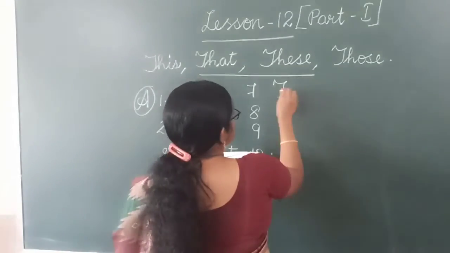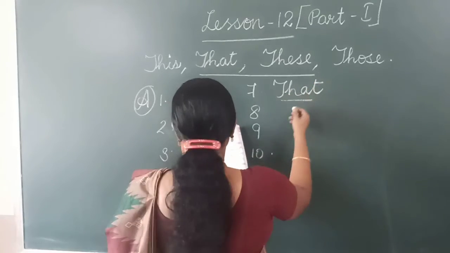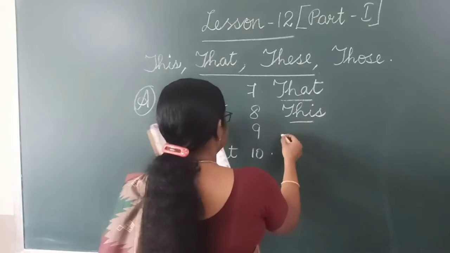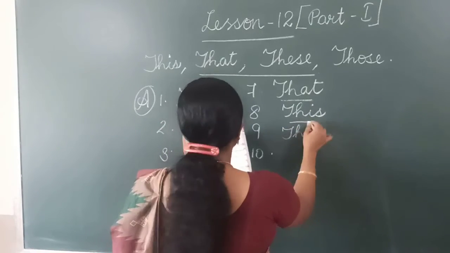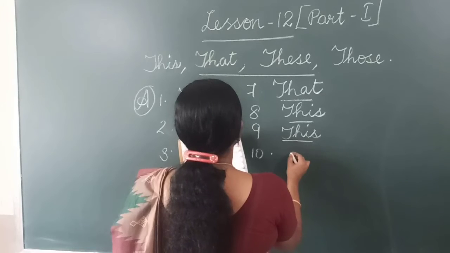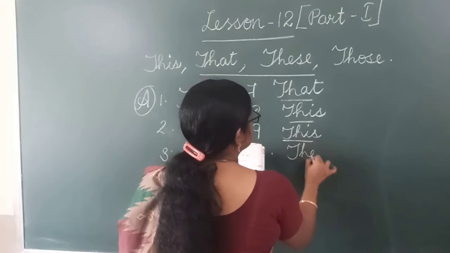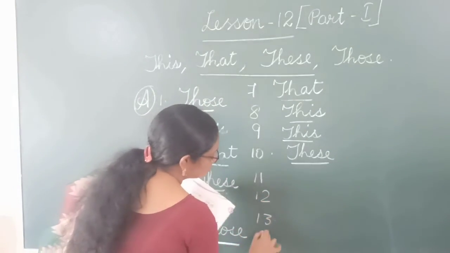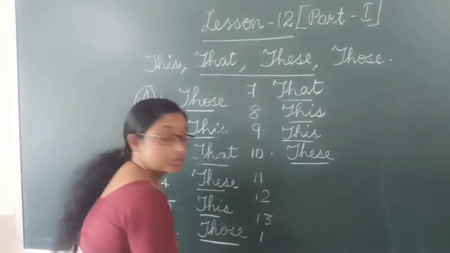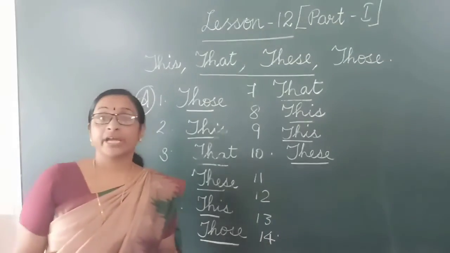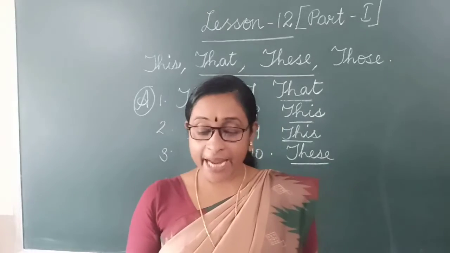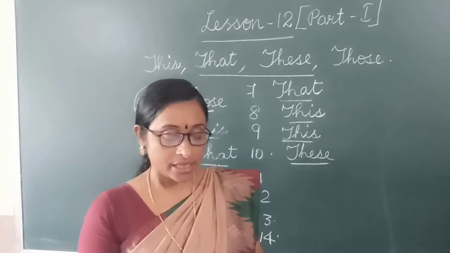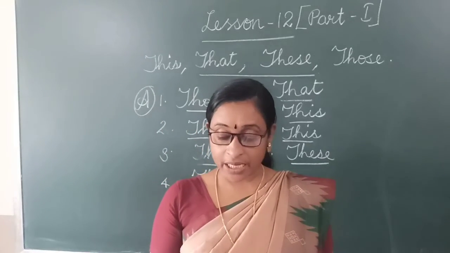So this much we will write first. 7, that. Then 8th one, this. 9th one, this. And 10th one, these. Now 11, 12, 13 and 14 we can write together. 11, dash is Stephen's desk. That is Stephen's desk. Next one, dash is Nikita's table.